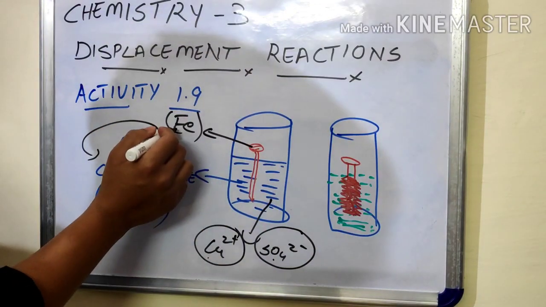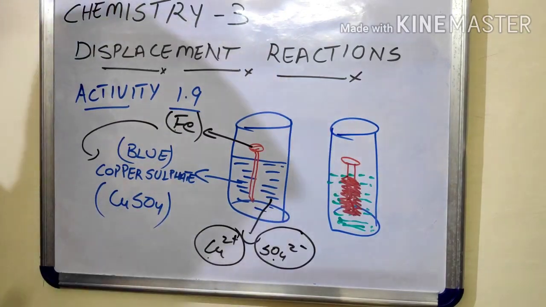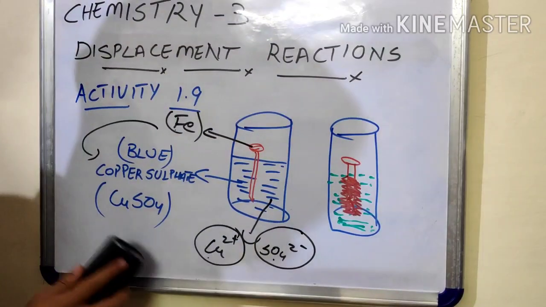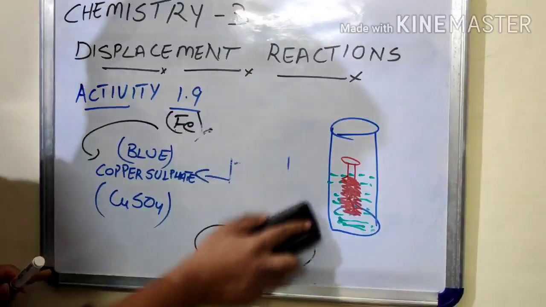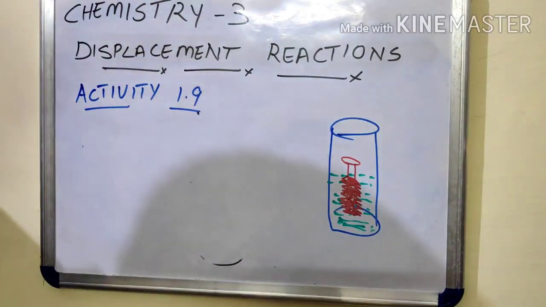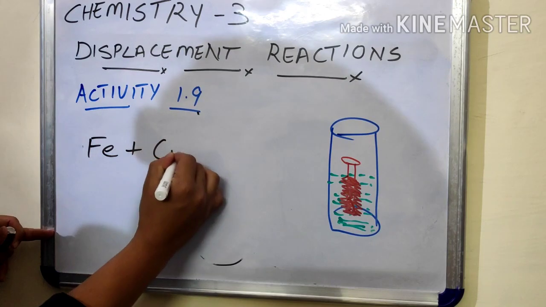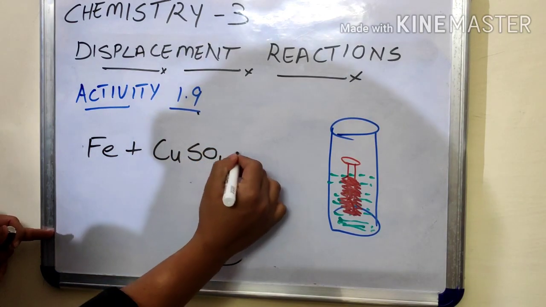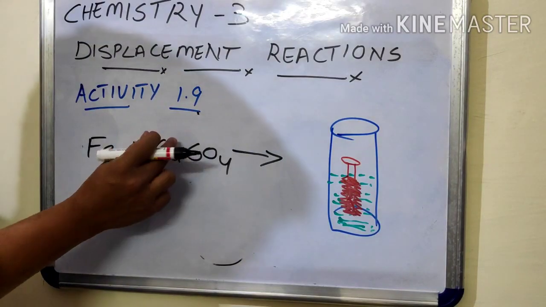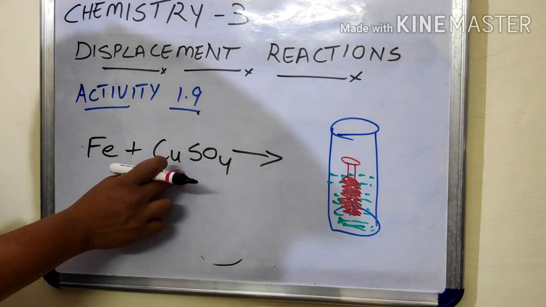So now this iron reacted with this solution. Now the iron reacted with copper sulfate to give you Fe plus CuSO4 gives, Cu from here got removed and Fe came here.